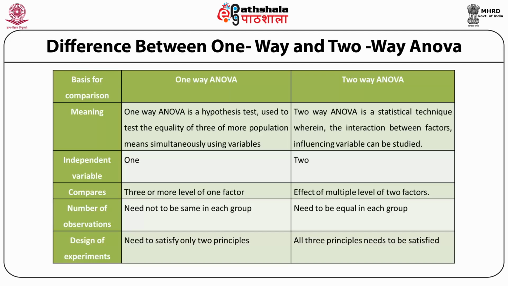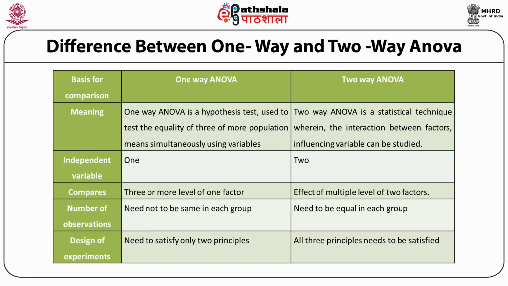Now, if we talk about the number of observations, then in one-way ANOVA, the number of observations need not be the same in each group, while in two-way ANOVA, the number of observations needs to be equal in each group.